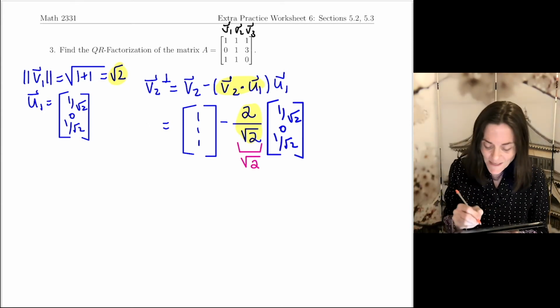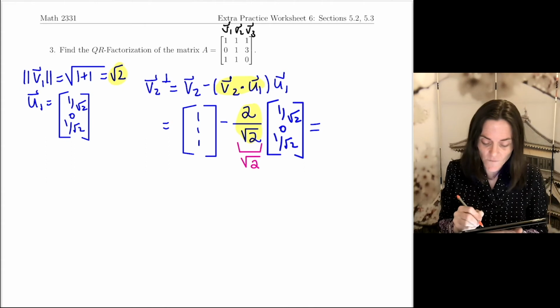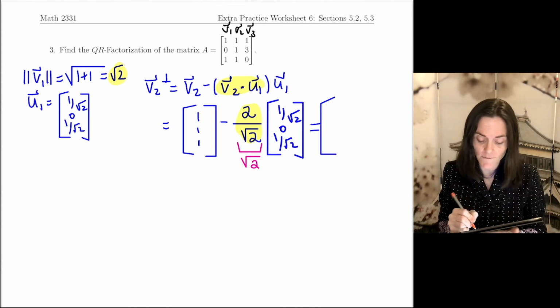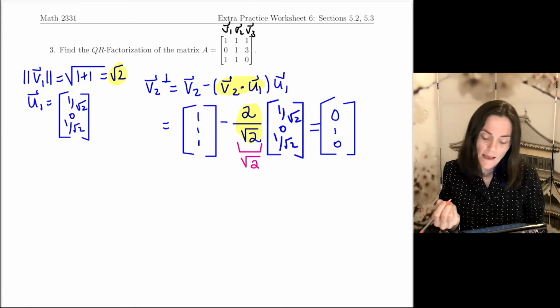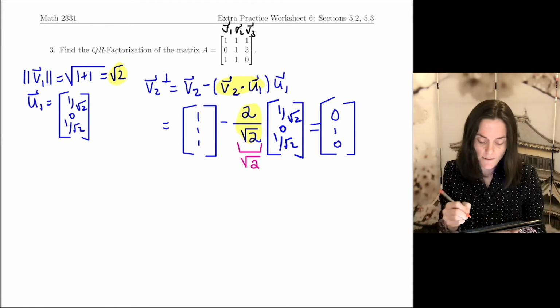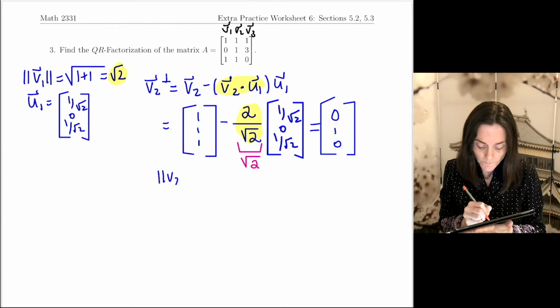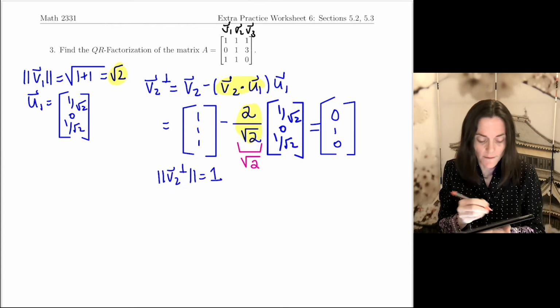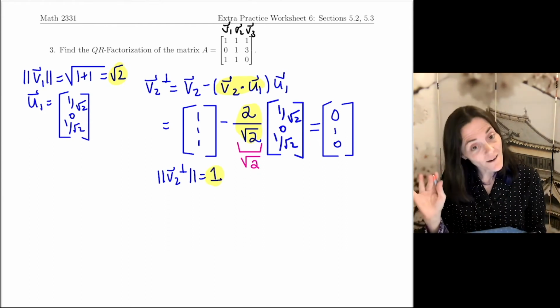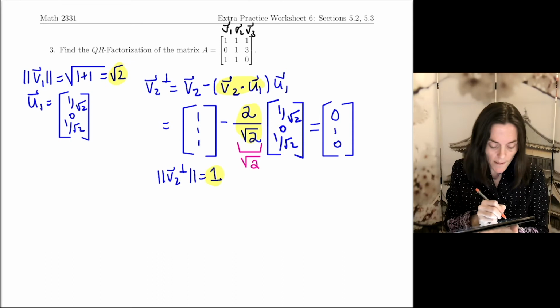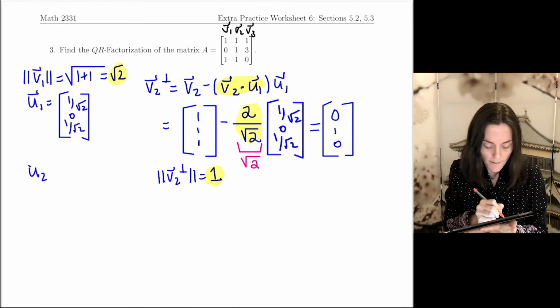Well, what happens when I subtract? We get this vector. It's just E2, in fact, but we get the vector 0, 1, 0. And then you notice this length is 1. So I have another entry in my matrix R, but also I'll just go ahead and write U2 over here.